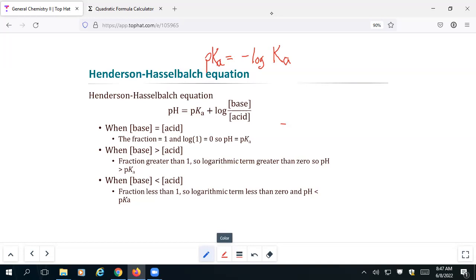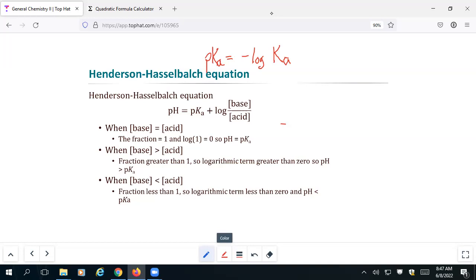When our concentration of base is greater than that of acid, what we'll see is that the logarithm will trend upwards above 1. Logarithms greater than 1 are going to be positive numbers. So we will see that the pH of the solution will tick positive toward the more basic side, which should make sense. The base is more dominant, so the resulting solution is going to be more basic than normal.